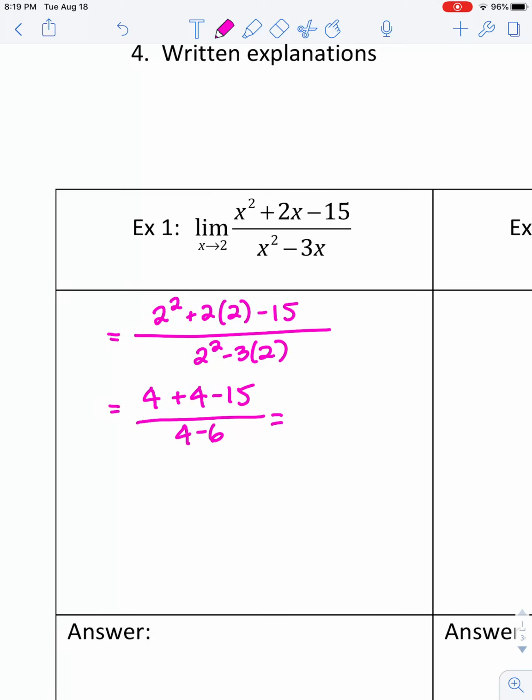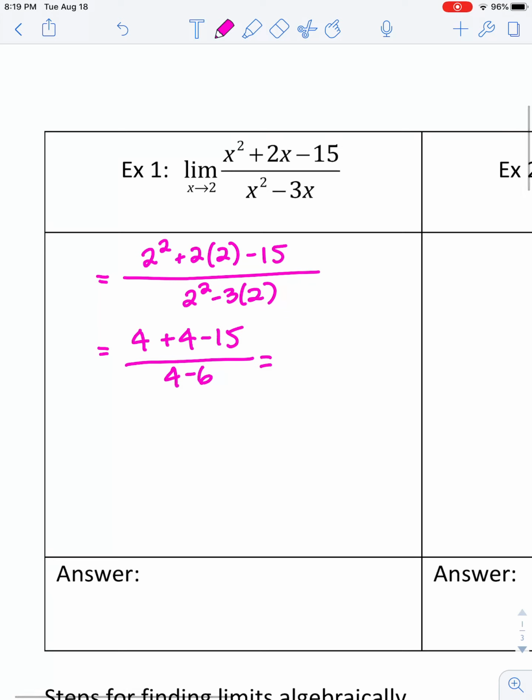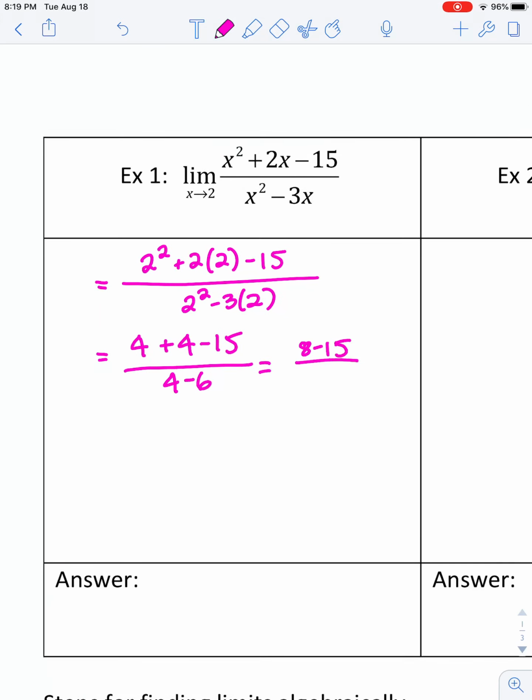I can go over here and get 8 minus 15, and 4 minus 6 is negative 2. And then negative 7 up here, negative 2 here. That's enough to say that at the x value of 2, this function must have a y value of 7/2, which makes sense, because we basically took the x and plugged it into the function. So in this case, the function's y value and its limit are exactly the same.